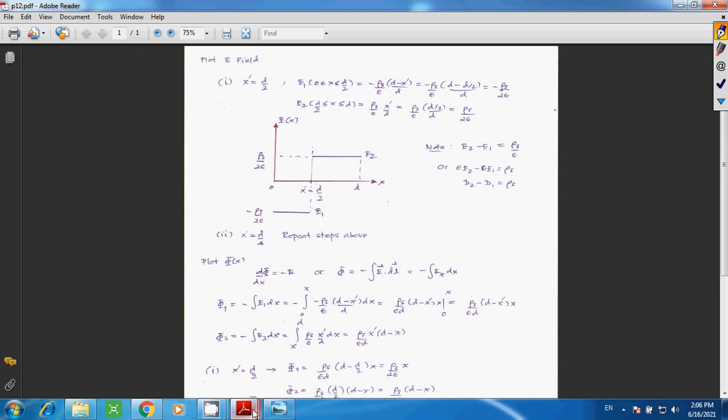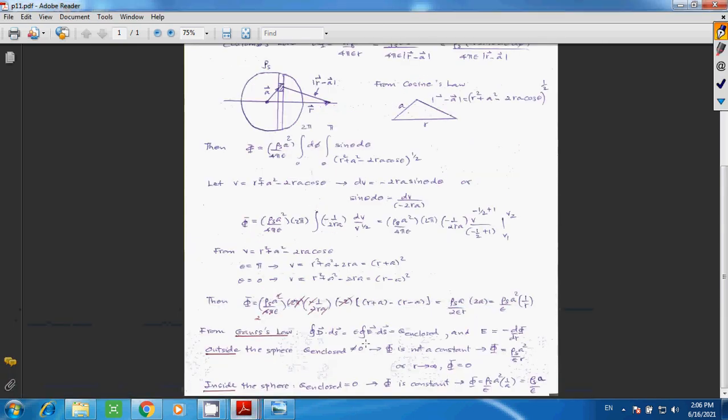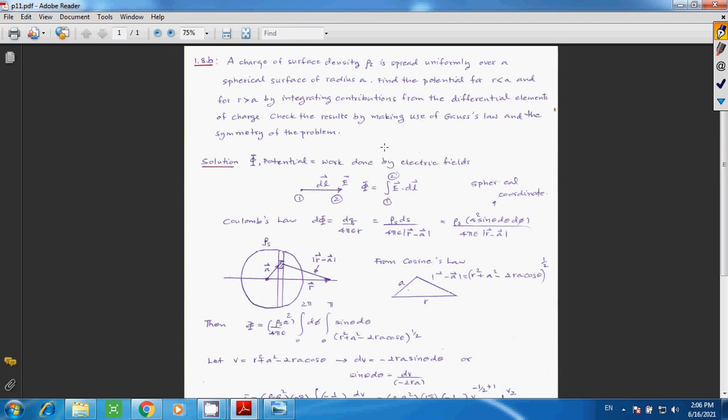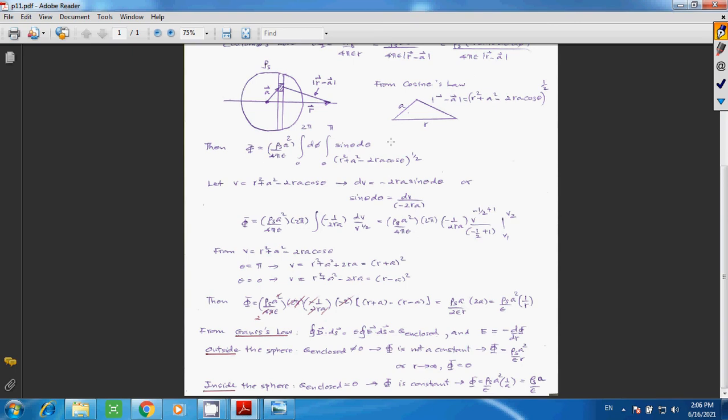Now similarly, they ask you to plot. I'm not sure if I'm missing something or not. Okay, you already finished.